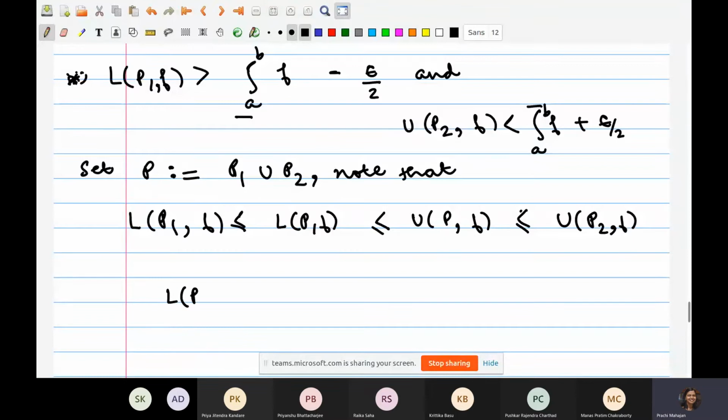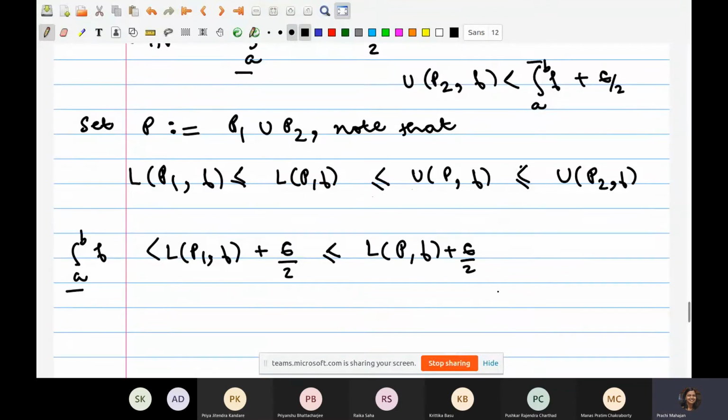The lower sum corresponding to the partition P1 is at least as big as the lower integral. So I have a lower integral here plus epsilon by 2, right? This is from inequality star. Now this term is bounded above by the lower sum corresponding to the partition P plus an epsilon by 2.